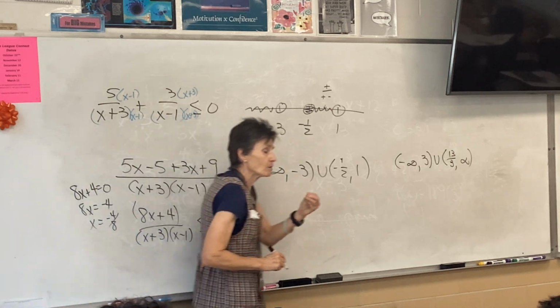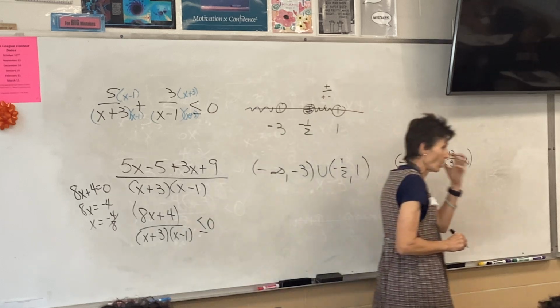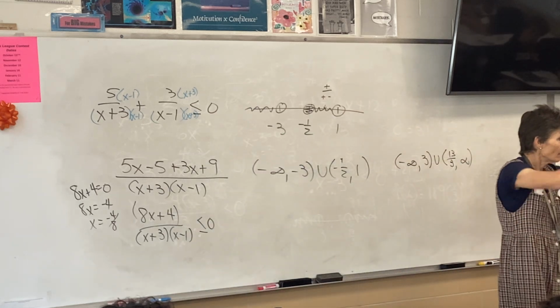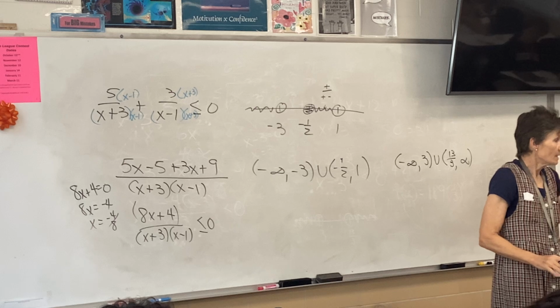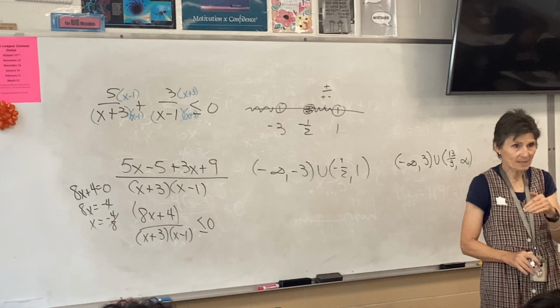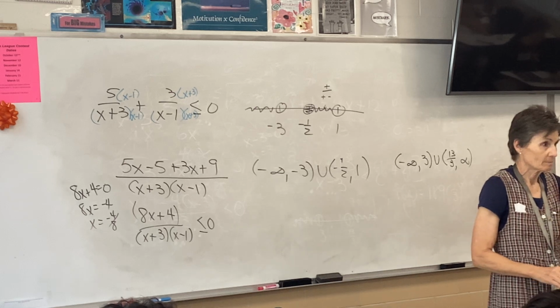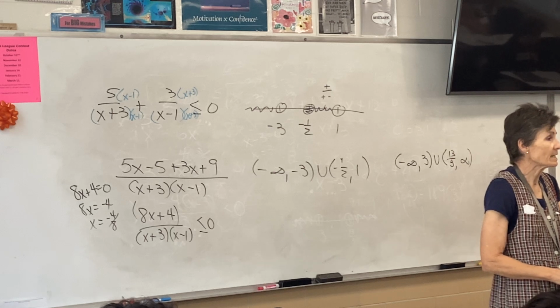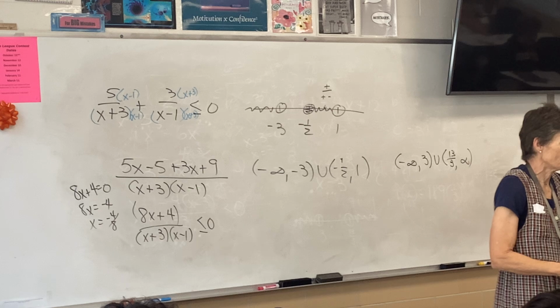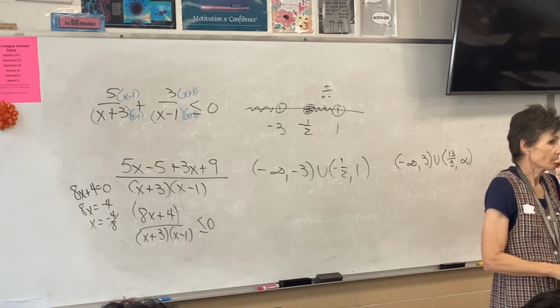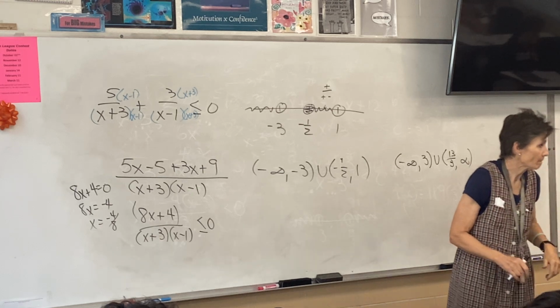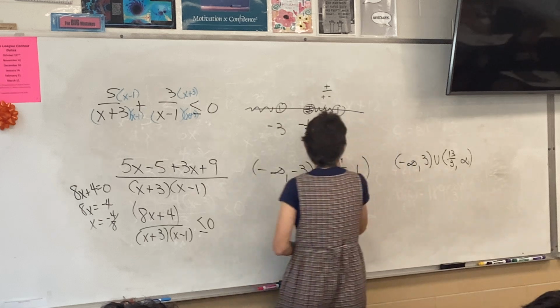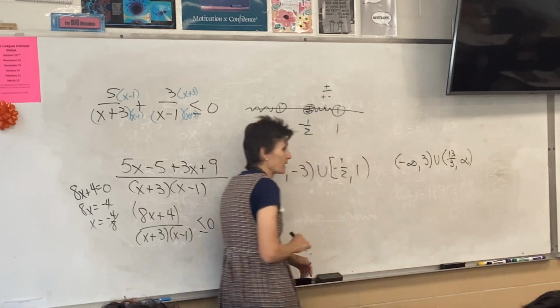Dots that come out of the denominator are open. Period, always, forever. If it's a dot from the denominator, it's open, no matter what. Because denominators can never equal 0. So the only thing that would change is this guy would become a bracket.